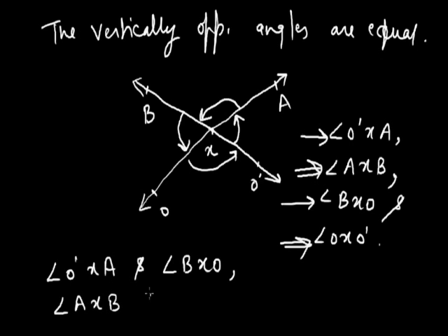What our point says is that vertically opposite angles are equal. So we have to prove that angle O dash XA is equal to angle BXO, because they form a pair of vertically opposite angles, and this is our statement.